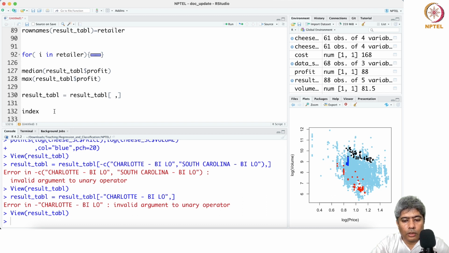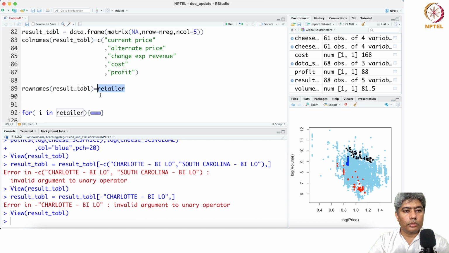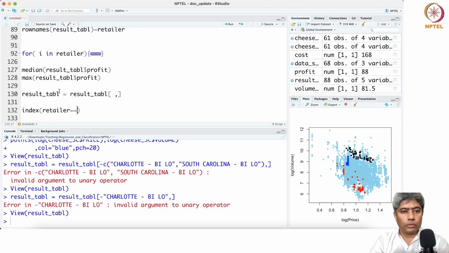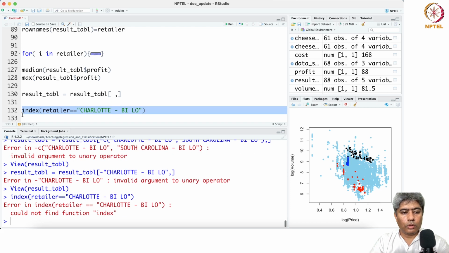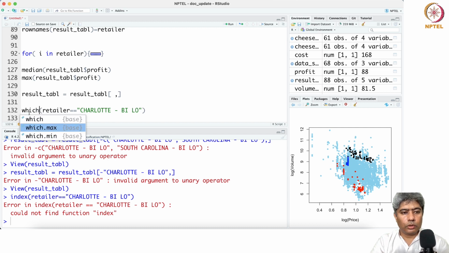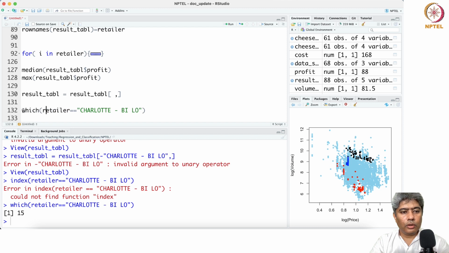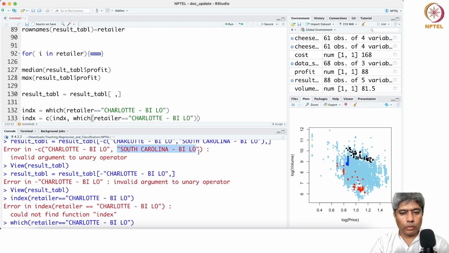Index of retailer equals to Charlottesville, which is 15, and so x equal to South Carolina below.